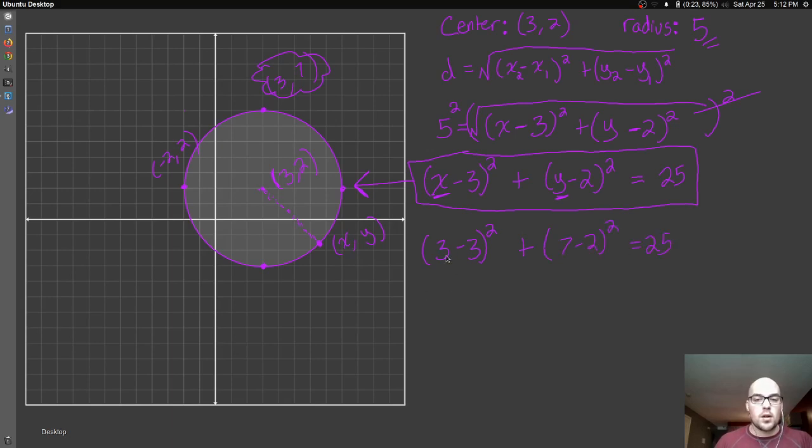And sure enough, 3 minus 3 is 0 squared, so that term cancels out. 7 minus 2 is 5 squared, which should equal 25. And wouldn't you know it, 25 equals 25. So since that point satisfies the equation, that point lies on the circle.